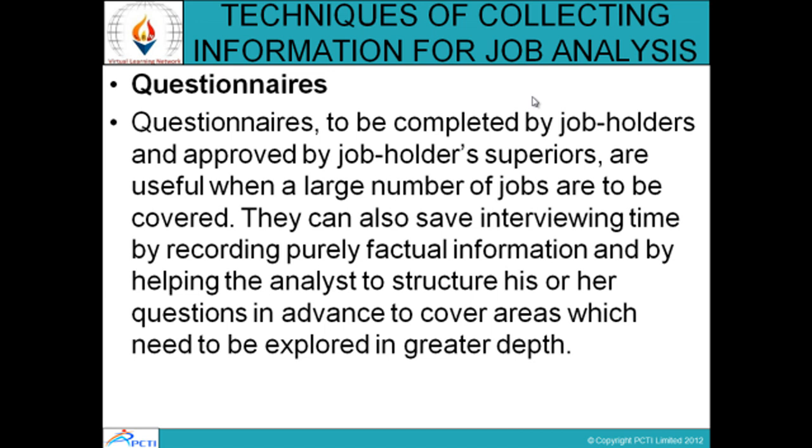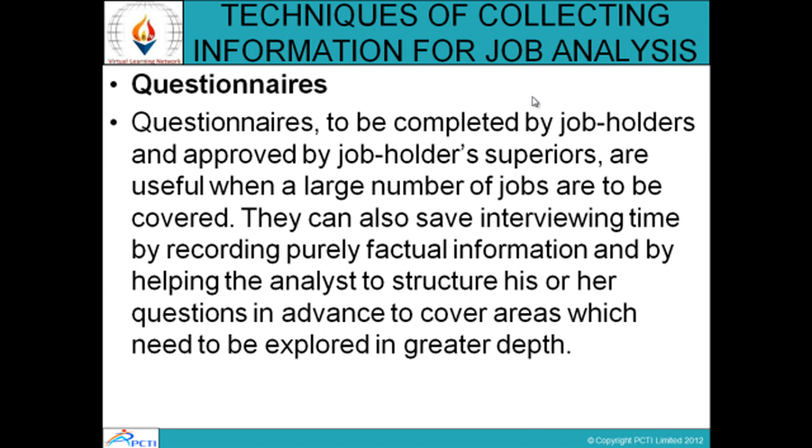If we initially discuss what a questionnaire is, a questionnaire is used to get a complete understanding, obtaining information by covering n numbers of questions. It is completed by a job holder and approved by the job holder's supervisor. It is useful when a very large number of jobs are to be covered.